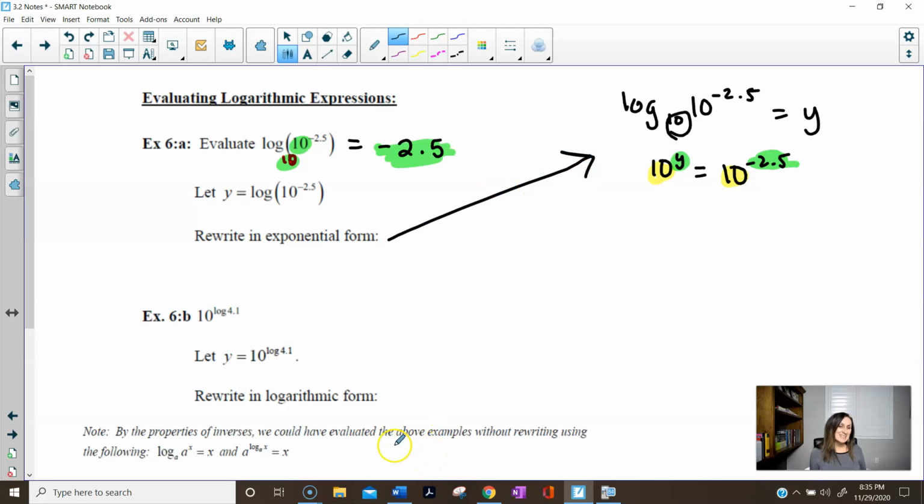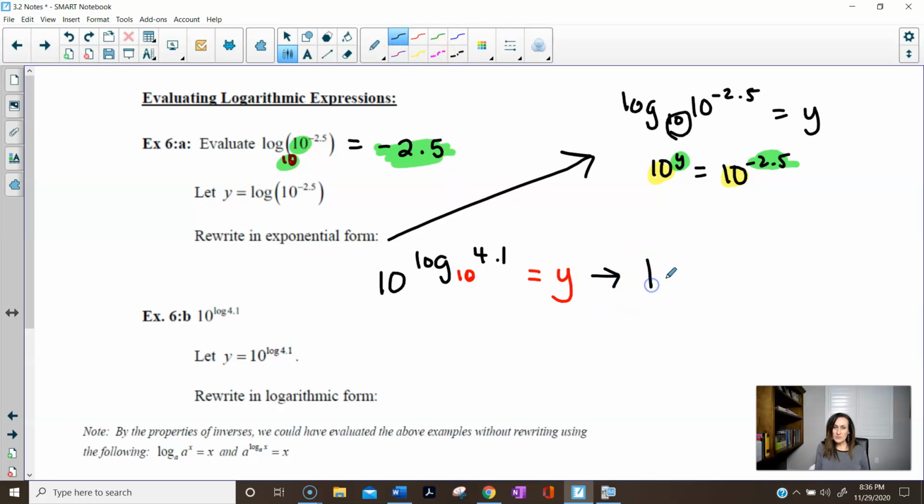Okay, so let's look at 10. So this is, you guys, 10, and then you have log, and then you have 4.1. And there's no base there. So this is base 10. And so if you think of this as equaling y, this is an exponential. And so let's change it to a logarithm.